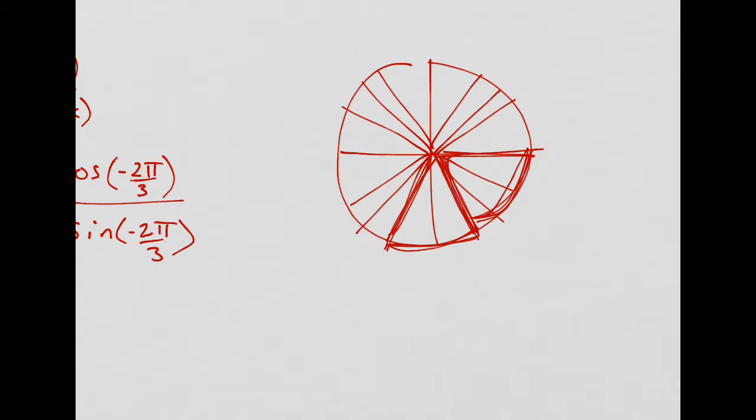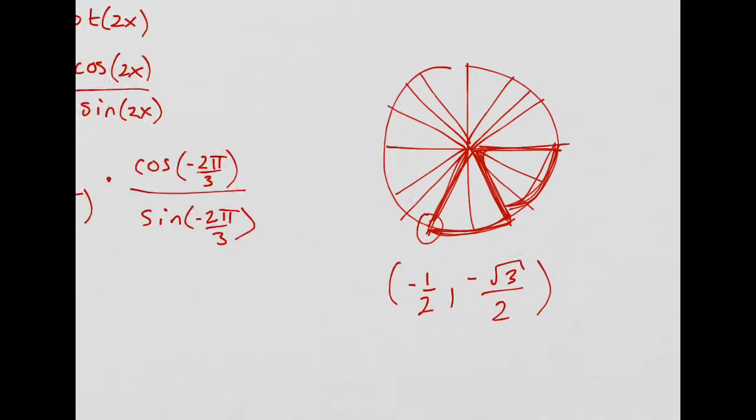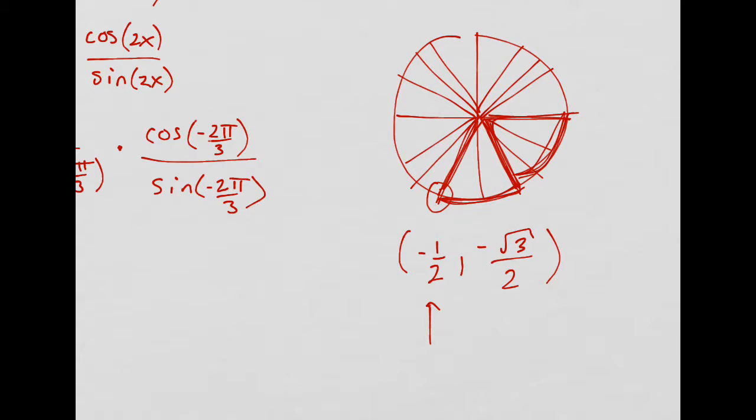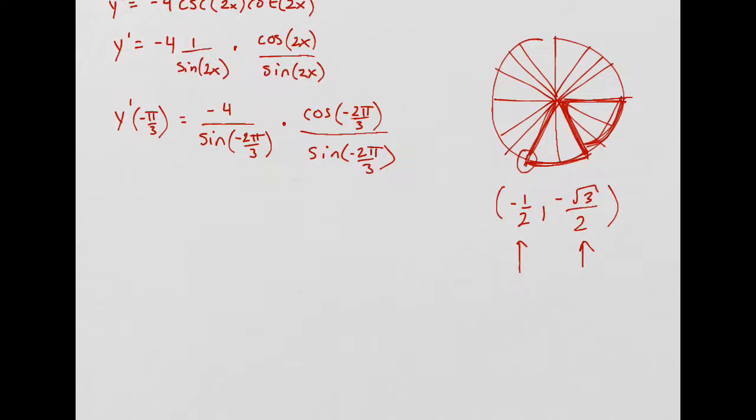So I end up right here, and my x value is negative 1/2, and then my y value is also negative root 3 over 2. So this would be my cosine, and this will be my sine, right? Cosine is x, sine is y. All right, cool. So there we go.